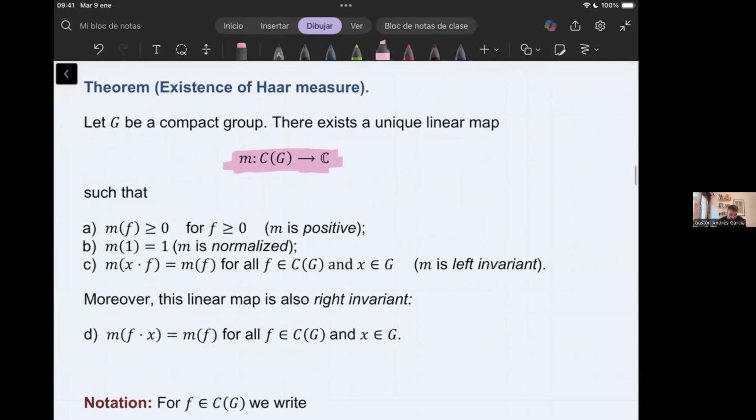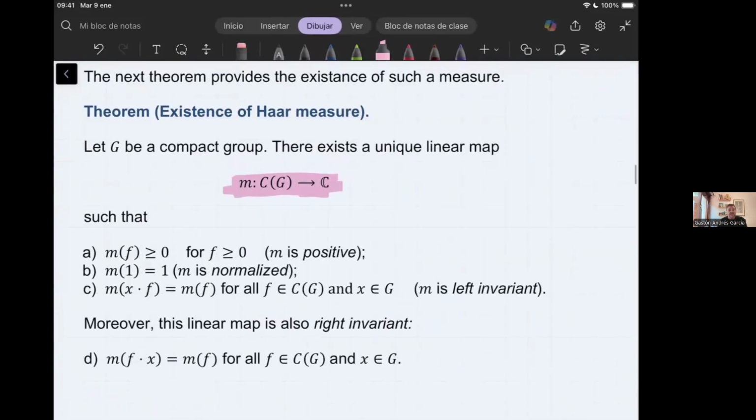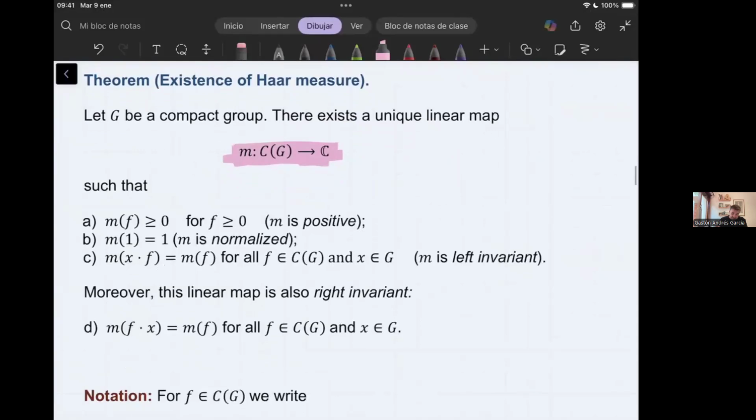If we take a function that is bigger or equal than 0, meaning bigger or equal than 0 as the values are taken in R, because we are using the order in R, not in the complex numbers, okay? Then the measure is bigger or equal than 0.